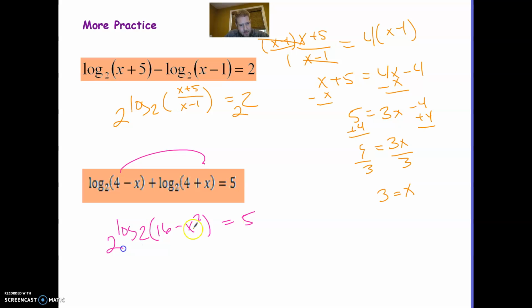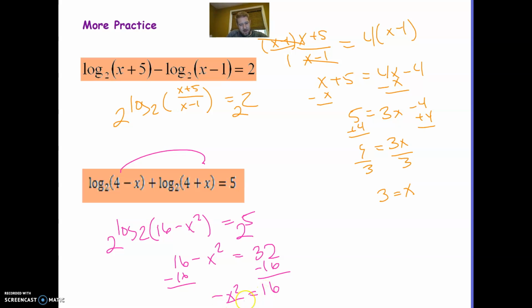All right, exponentiate, so cancel this out. You're left with 16 minus x squared, which is equal to the 5th power of 2, so that's 2, 4, 8, 16, 32. From there I can solve, and that gives me negative x squared equals 32 minus 16, which is 16.